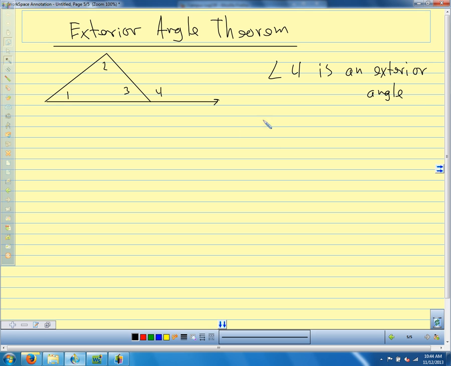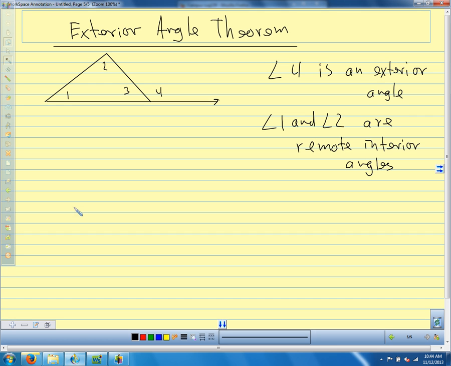We call angle 1 and 2 the remote interior angles. Remote just means it's far away. And interior means they're inside the triangle. So angle 1 and 2 are far away from angle 4, and they're inside the triangle, so we call them remote interior angles.